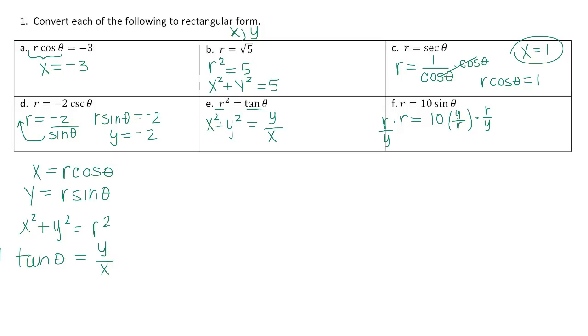So here I would have r squared over y equals 10. And r squared, we can change that part, we know is x squared plus y squared. And we have that all over y equals 10. Now, if you wanted to move the y back up and over with the 10, you're welcome to, but it's not necessary.